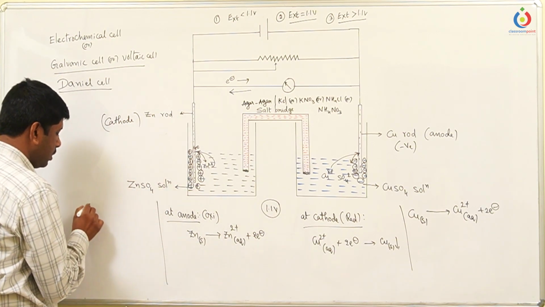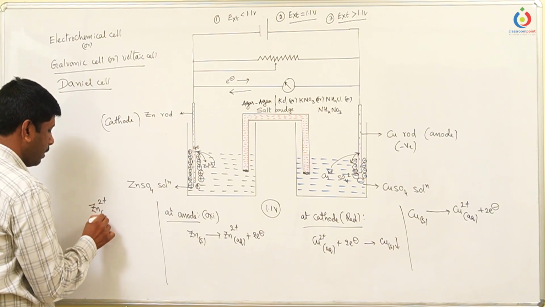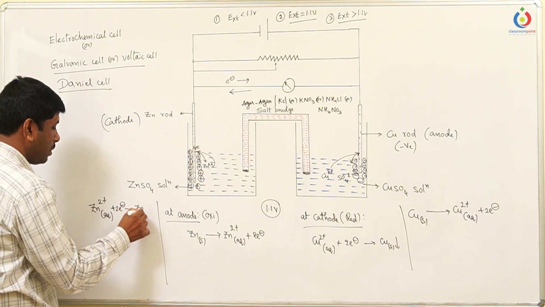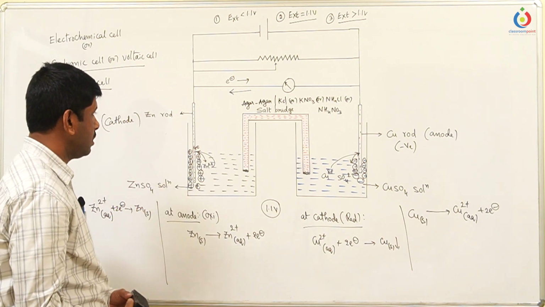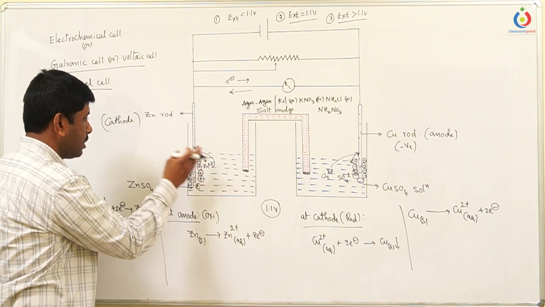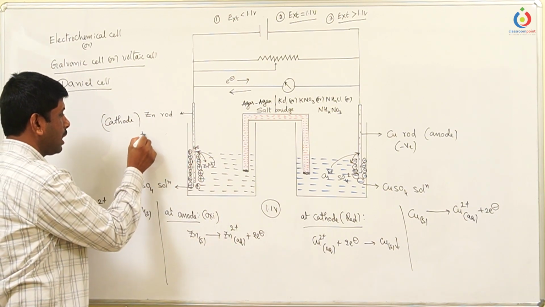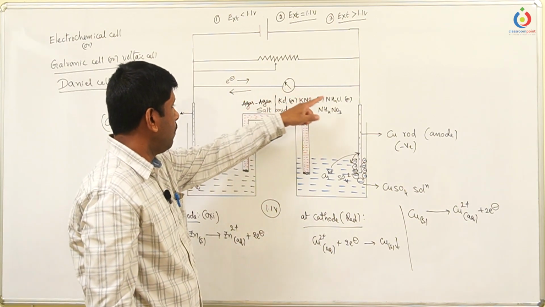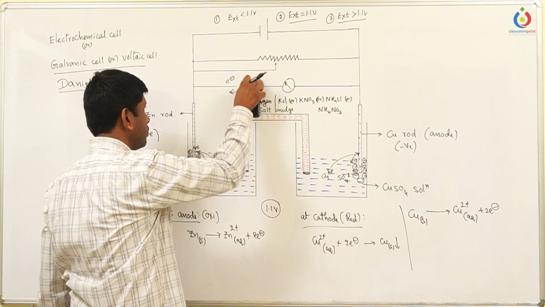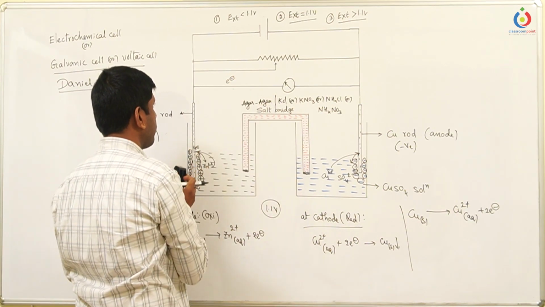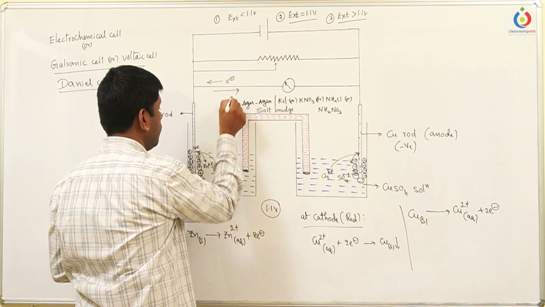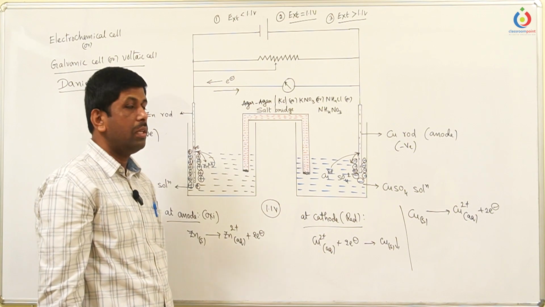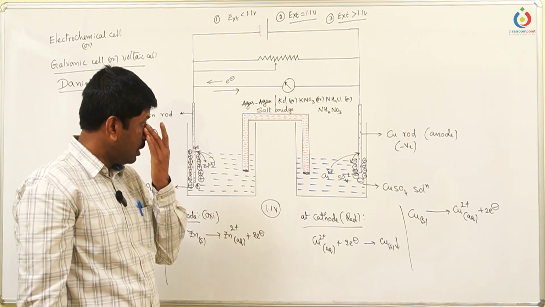So at the cathode, Zn2 plus ions in the solution take up 2 electrons coming from the copper rod and deposit as zinc metal on this zinc rod. Since electrons are taken by the Zn2 plus ions, it is acting as the positive electrode. So the flow of electrons is in this direction, and the current flows in the opposite direction. So this is the functioning of the Daniell cell or the galvanic cell.